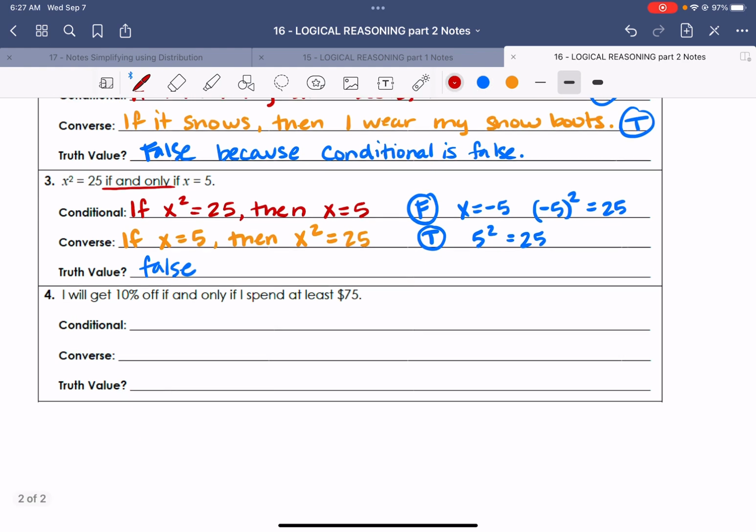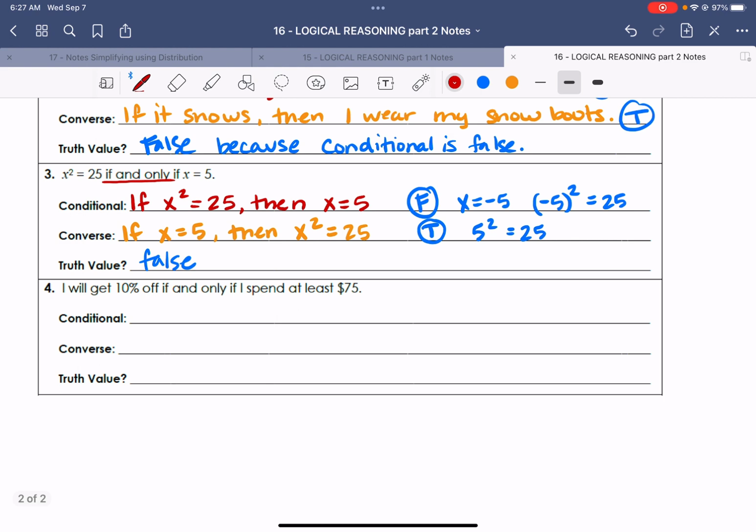So let's go ahead and try number 4 now. Okay, go ahead and try number 4. I will get 10% off if and only if I spend at least $75. So our conditional, we start with the original order of the biconditional.